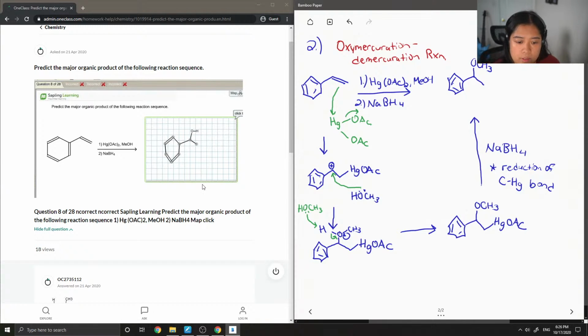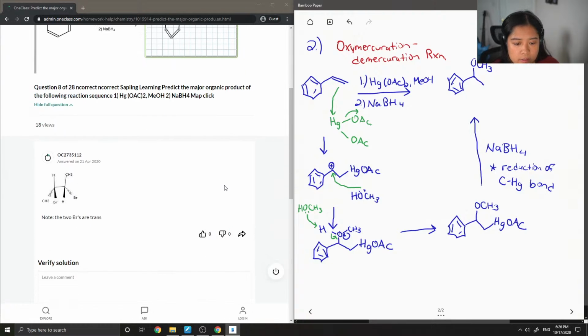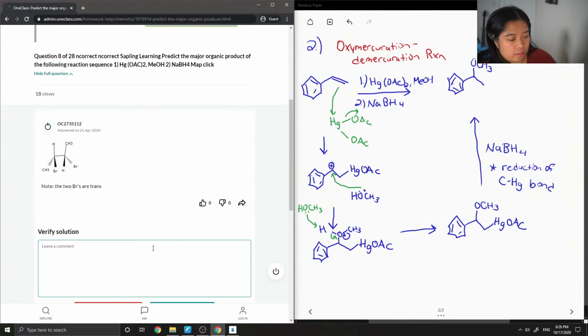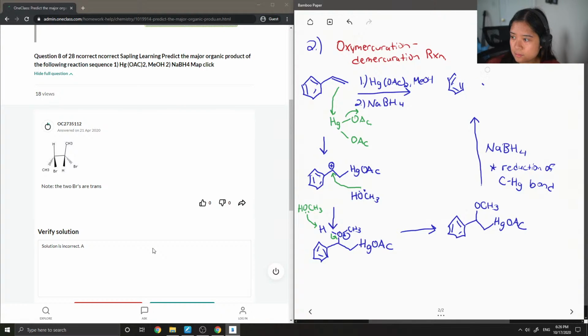Okay, so let's see what our junior tutor said. So this is a different molecule altogether. So there's going to be, let me just rewrite this product so we can see it.